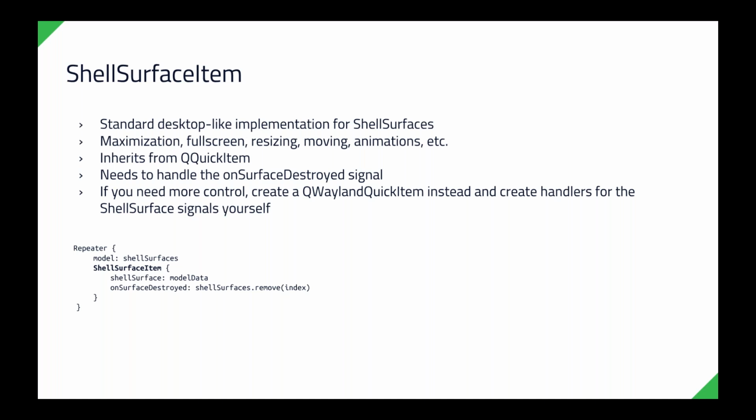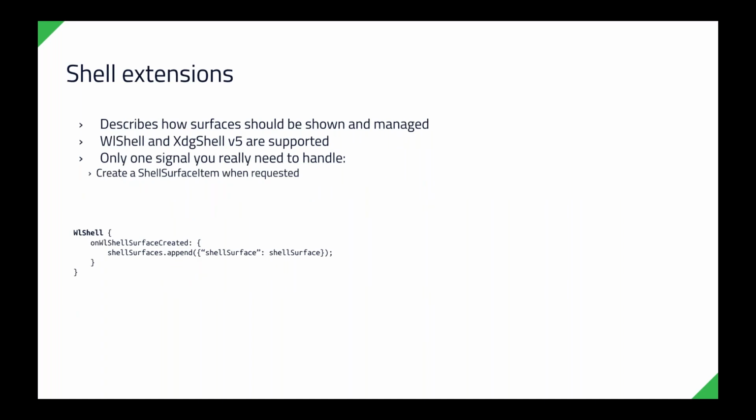So with ShellSurfaceItem, you get the implementation for maximization, etc. With QtWayland Quick Item, you can do it yourself or don't do it, which is useful if you want to create something like a preview of an application, or like a launcher, or some other part where you just want to show the content of the shell surface without actually making it interactive. Or maybe you think you have a better idea for how the window should behave.